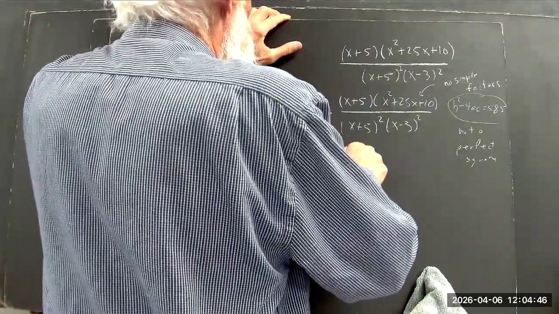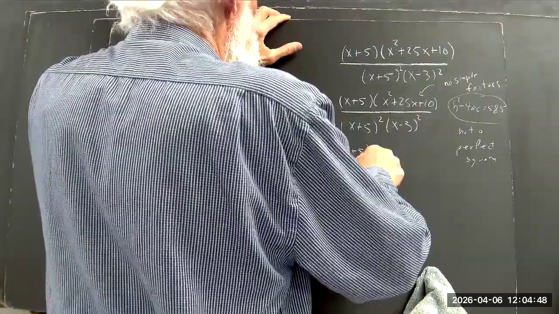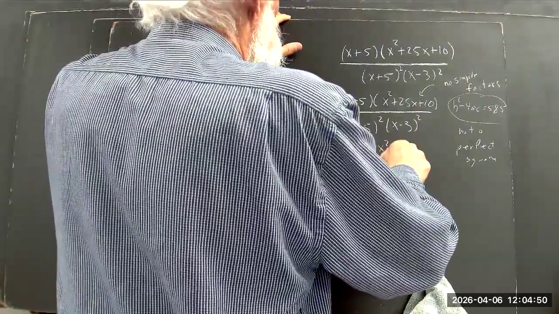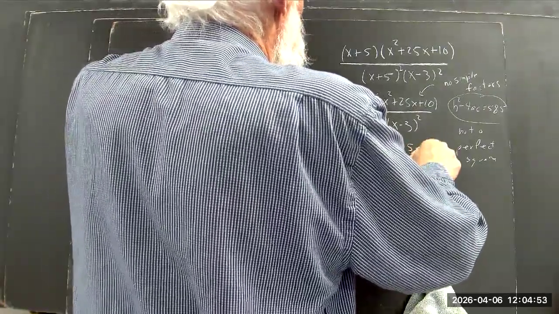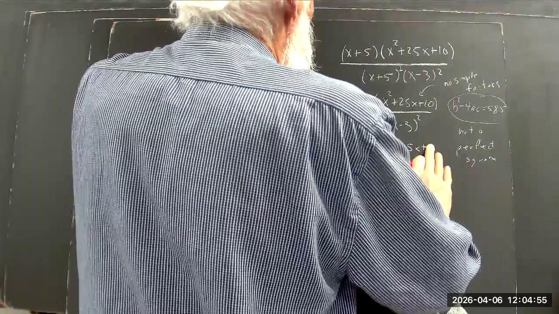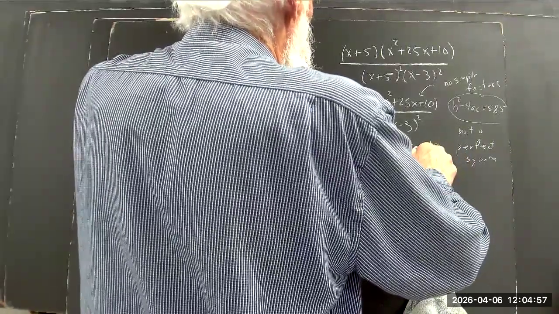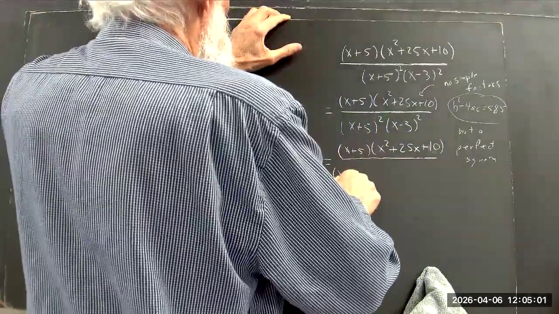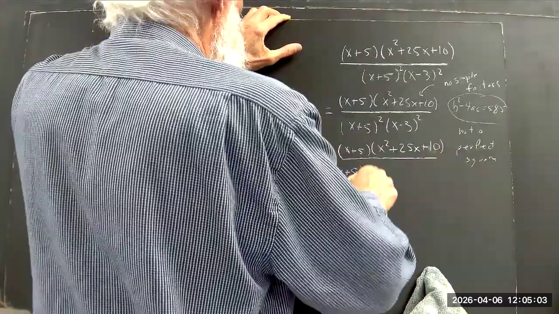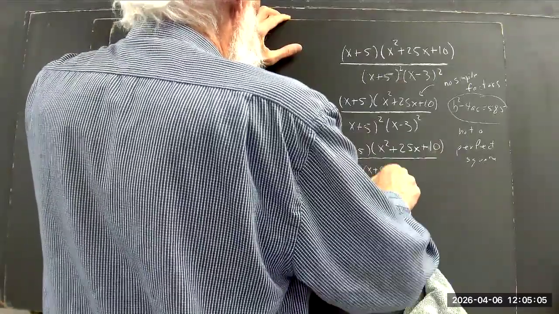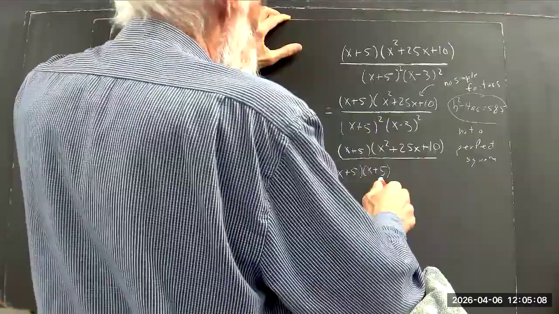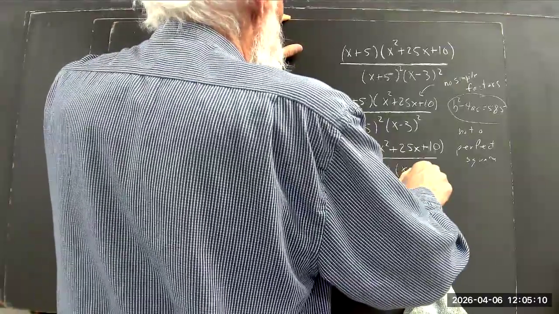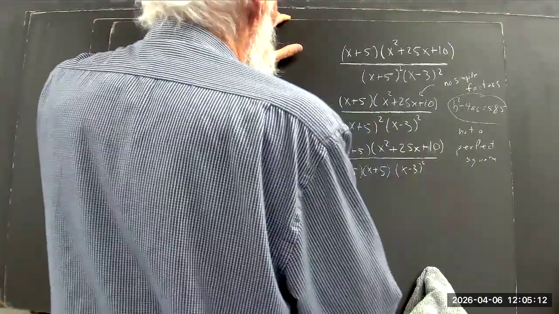First of all, I'm going to write this as x plus 5 times x squared plus 25x plus 10. There's our numerator. And the x plus 5 squared, I'm going to write as x plus 5 multiplied by x plus 5, because that's what it means to have x plus 5 squared, times x minus 3 quantity squared.